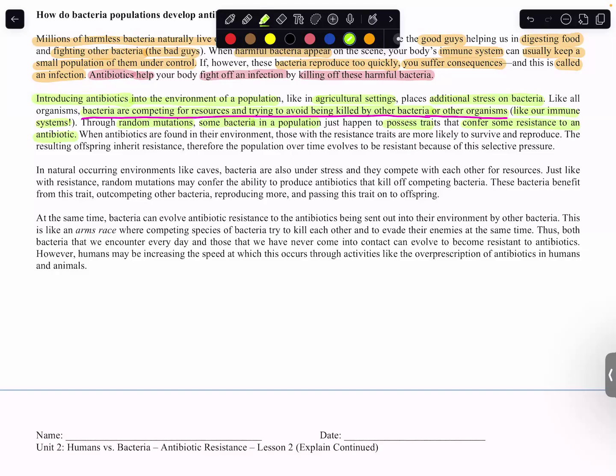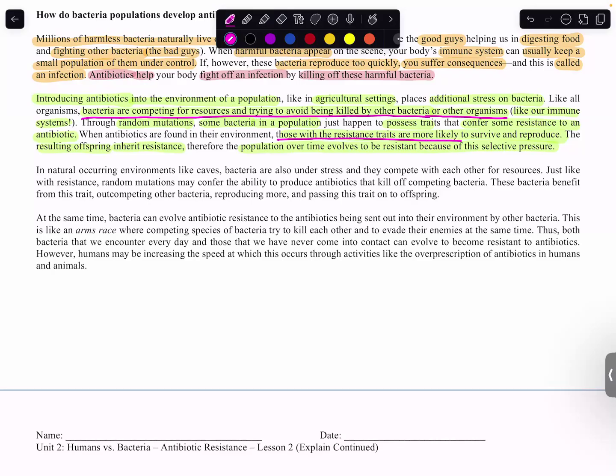That's all it's saying. When antibiotics are found in their environment, those with the resistance traits are more likely to survive and reproduce. The resulting offspring inherit resistance, therefore the population over time evolves to be resistant because of this selective pressure, right?